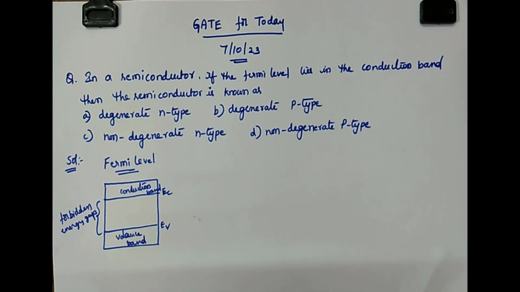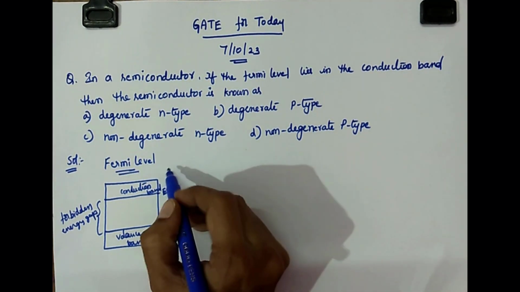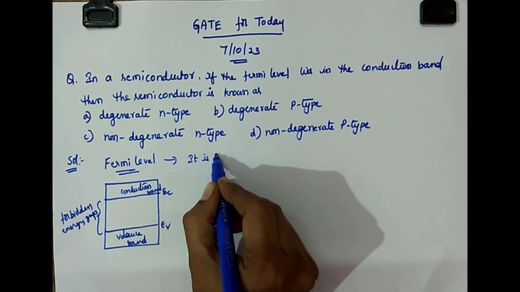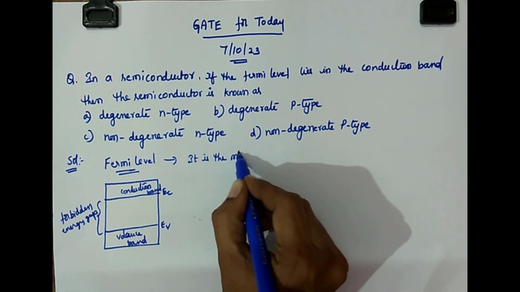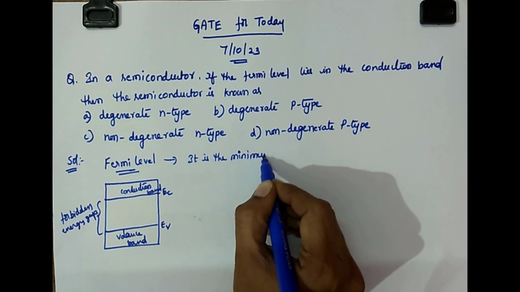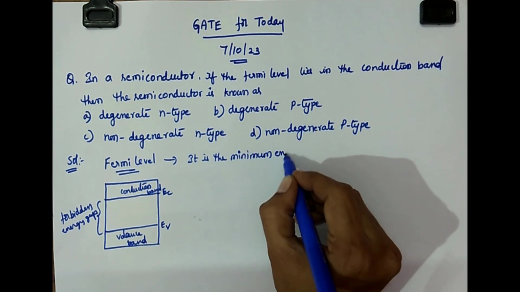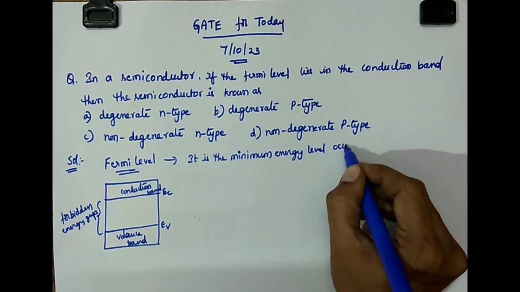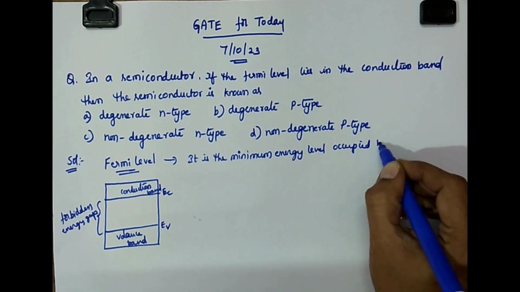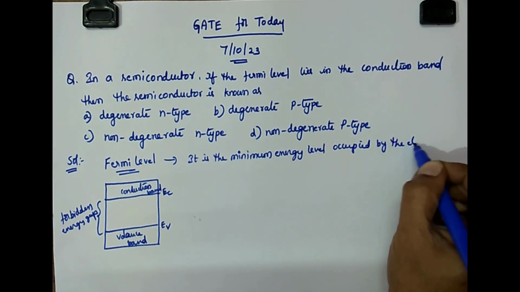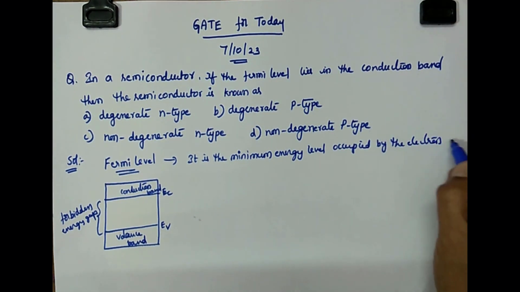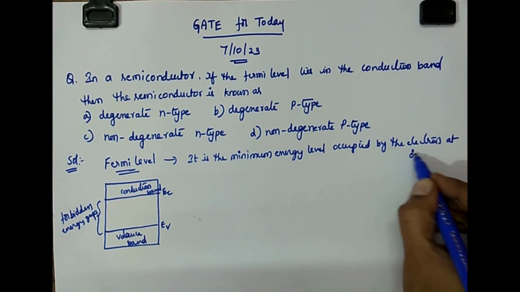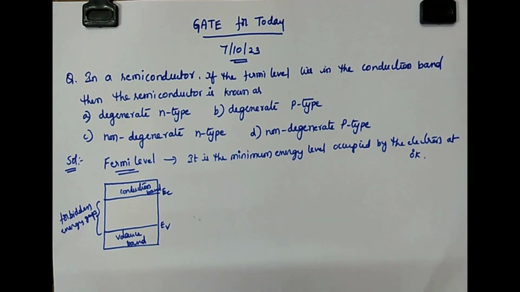Now, Fermi level means it is the minimum energy level occupied by the electron at 0 degree K. That is Fermi level.